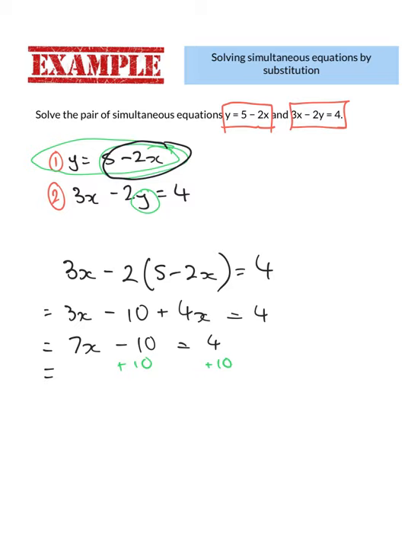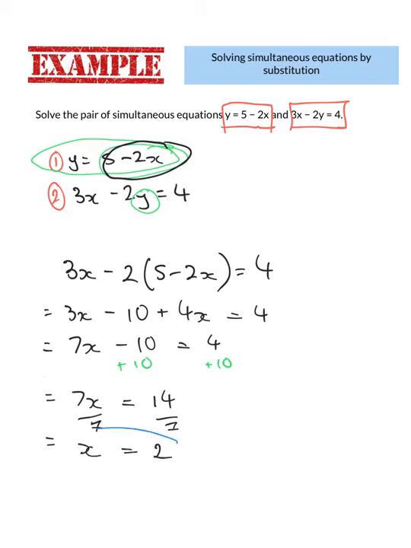From there, we are left with 7x equals 14. Then we want to get x on its own. We're going to divide both sides by 7, and we're left with x equals 2.